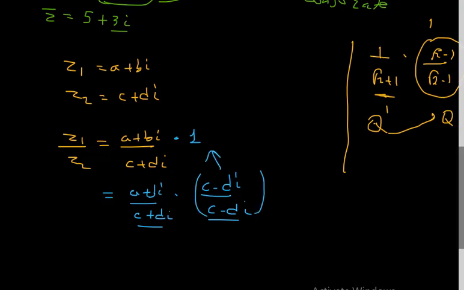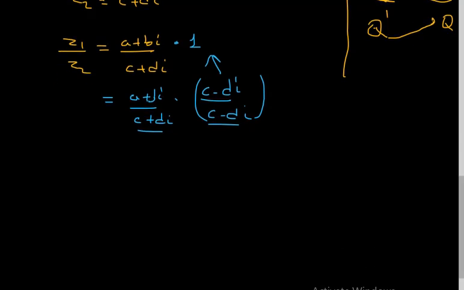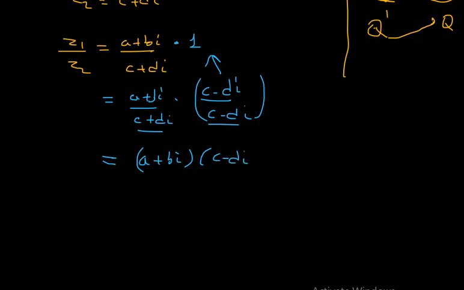Now let's directly multiply. Distribute a and bi to c and di. So this is a plus bi times c minus di, over c plus di times c minus di. Good. Let's just directly multiply.